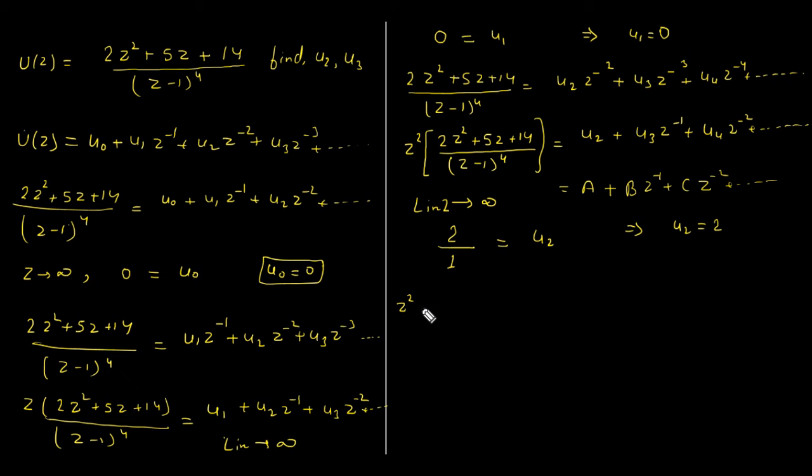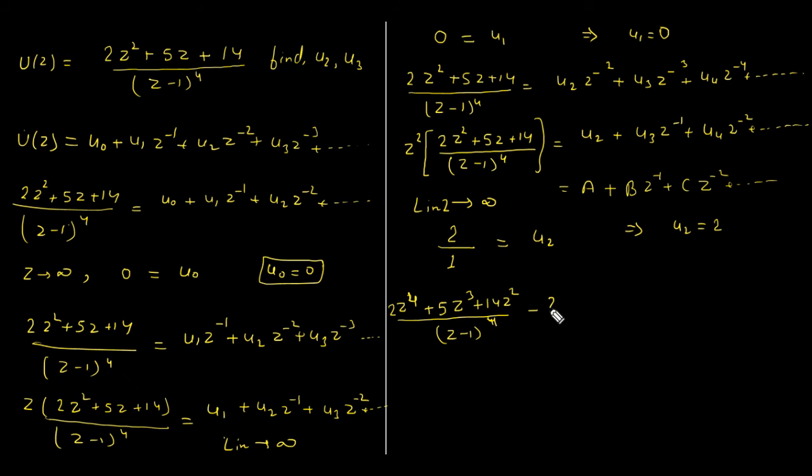z² times, we just multiply inside this z², so it will be (2z⁴ + 5z³ + 14z²) upon (z − 1)⁴ minus u2, and the value is 2.